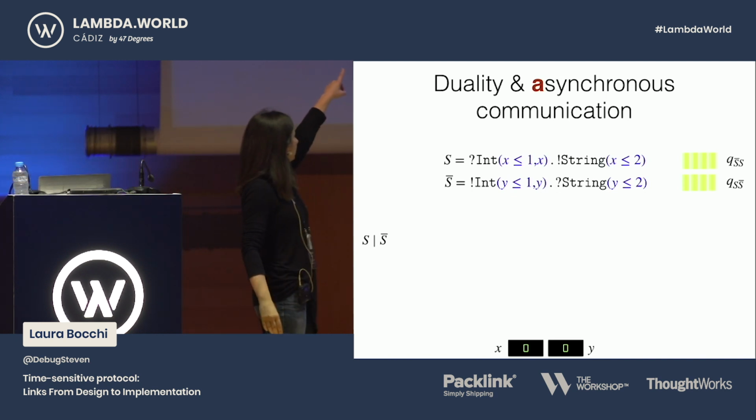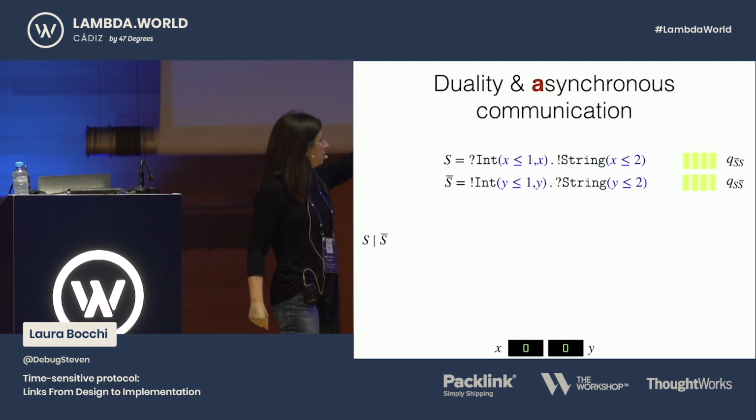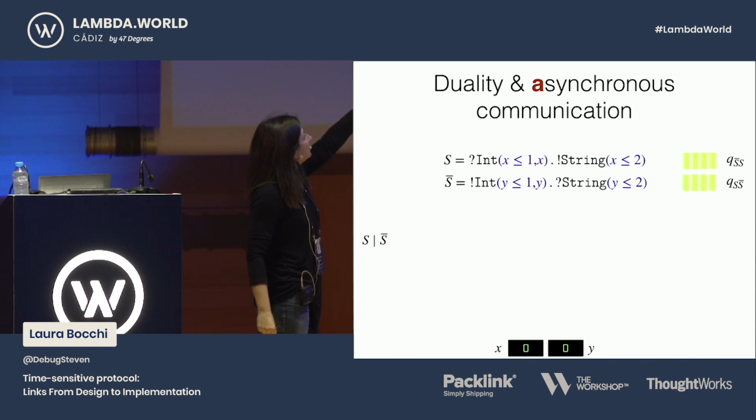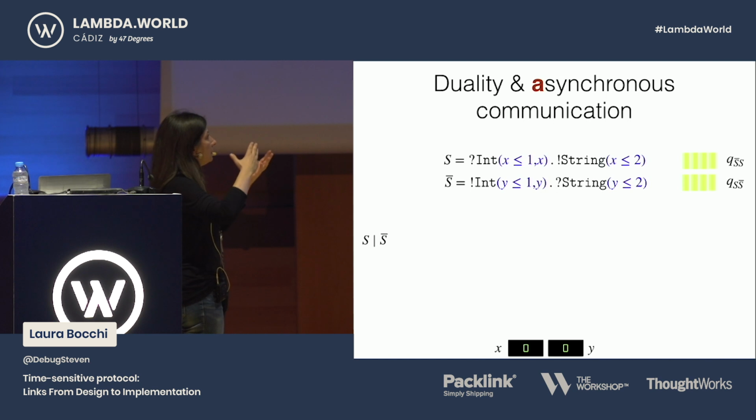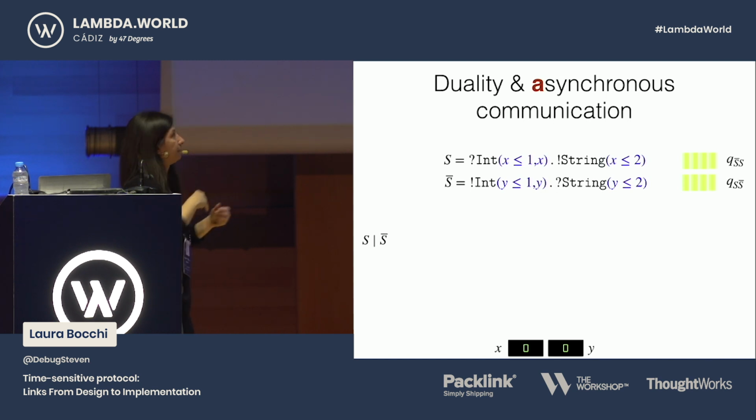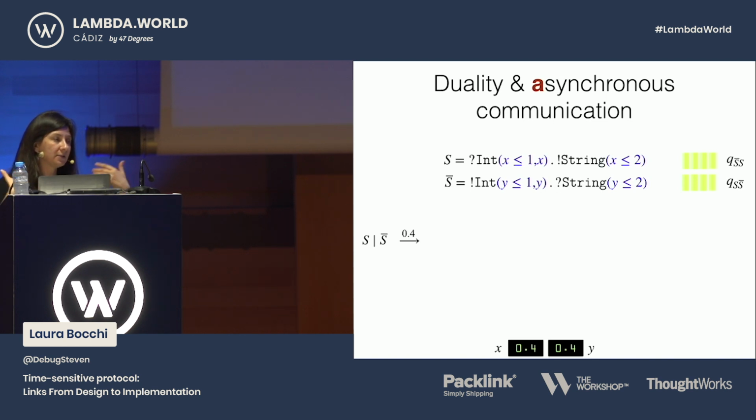We put them in parallel with each other. On the bottom, you have the two clocks, X and Y. And on the right-hand side, you have the channels, the buffers for the communication from the dual of S to S and vice versa. Okay, we start. The first thing that should happen is that the dual of S needs to send an integer, but it can do it at any time as long as Y is smaller than or equal to 1, so we can let some time elapse, okay?